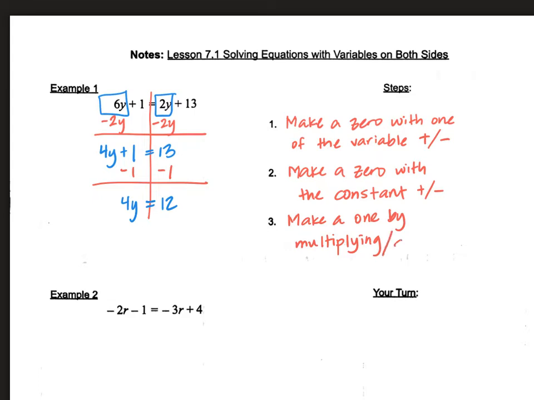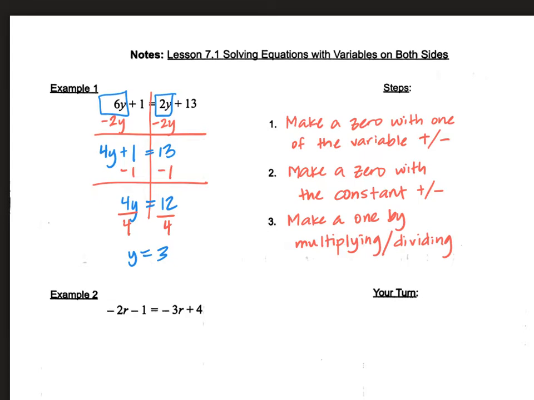In the last step, we're going to multiply or divide if we have to. And the reason is the 4y that's left means 4 times y. And since it's multiplying, we're going to divide. If we take 4 and divide it by 4, we get a 1, or 1y, which means we divide by 4 on the other side as well, and we have y equals 3.